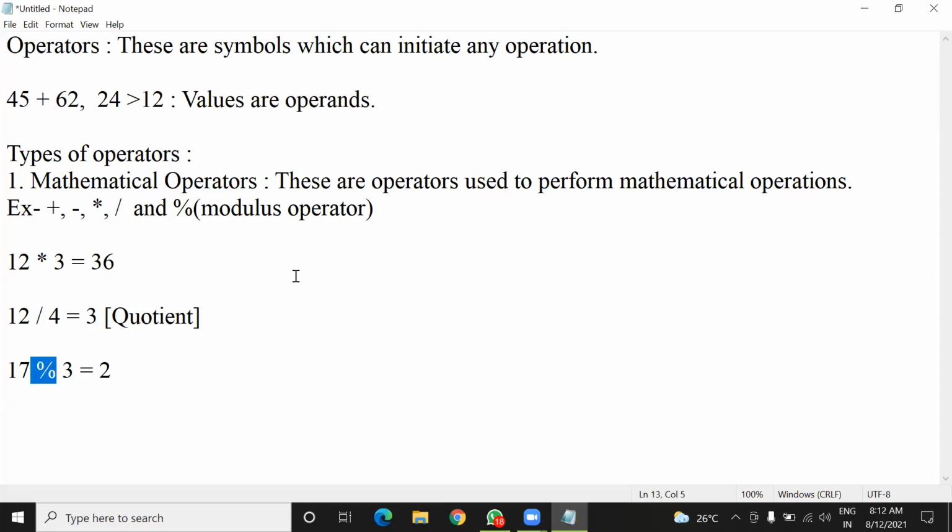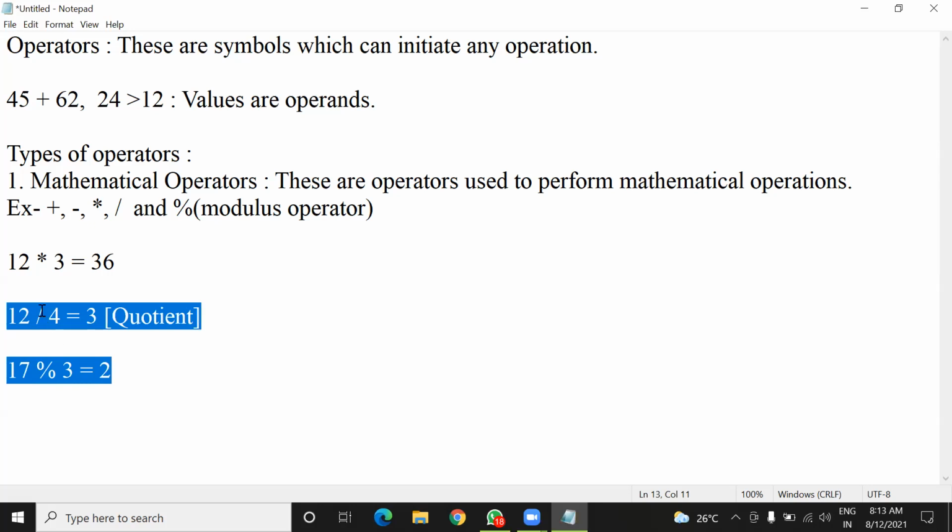This modulus operator. Tell me, understood everyone or not? So this is the difference between these two operators. This forward slash is used to divide, but it results in the quotient of the division.